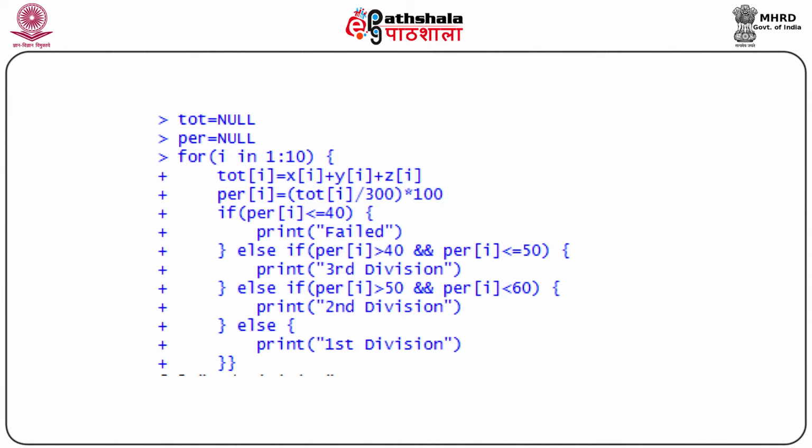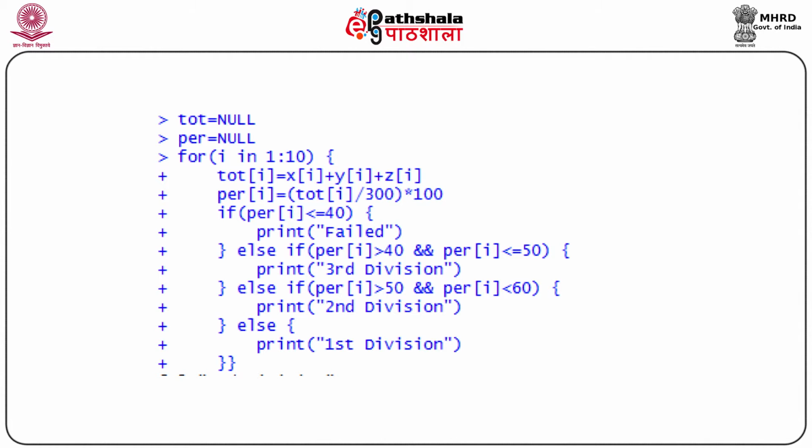Now let's see how to solve this problem. Here we are assigning null values to the variables tot and per. Now for each i from 1 to 10, that is for each of the students, we are adding the marks of the three subjects and storing it in the variable tot.